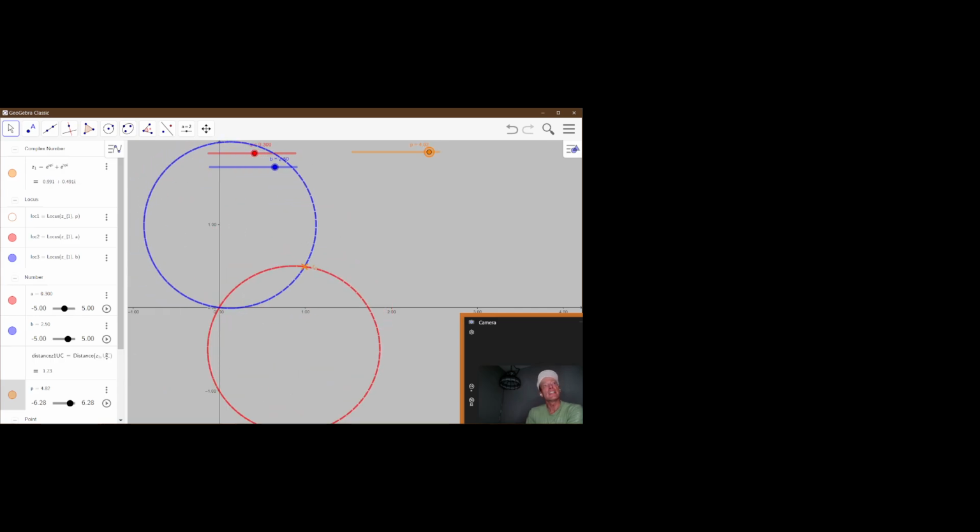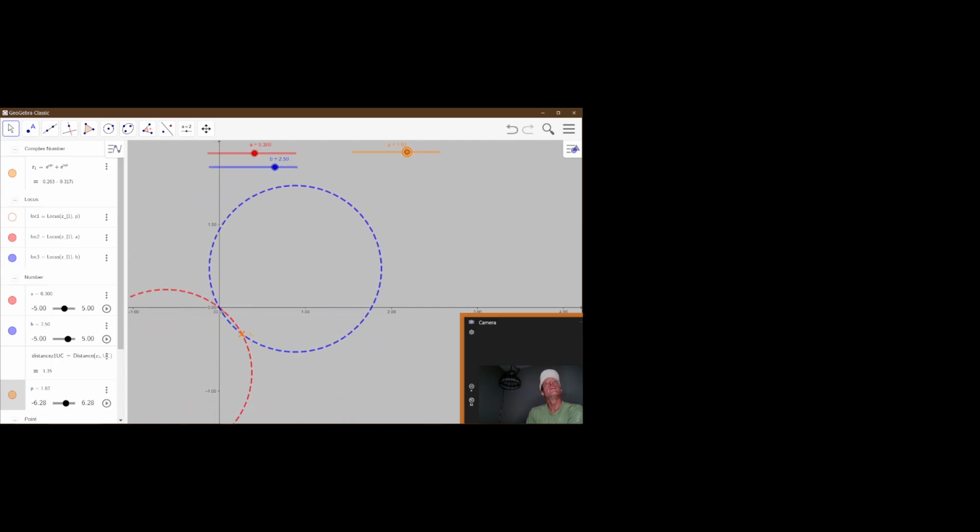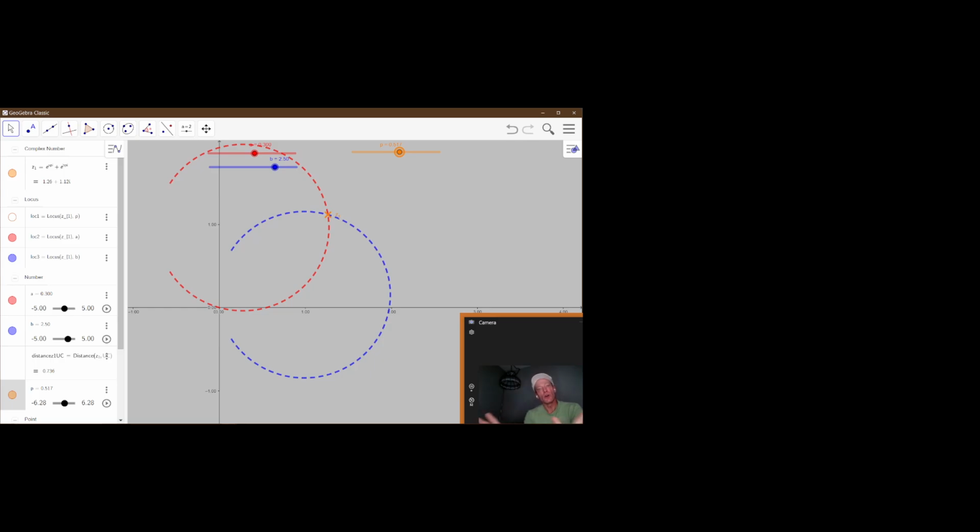You can slowly see it happening. And I do hope for many that this is enough proof of the true power of graphical algebra programs.